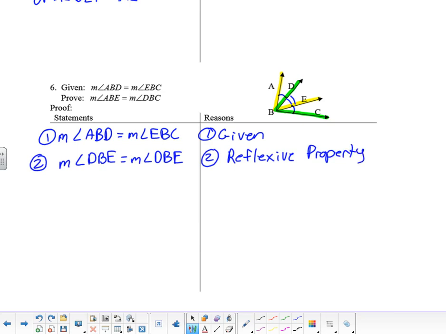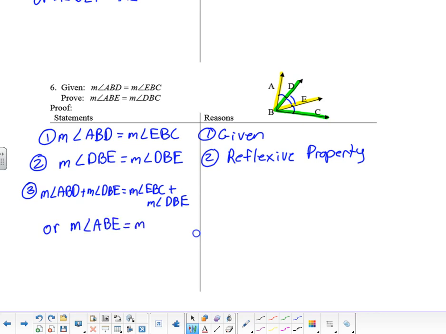And so we're going to go ahead and add those two things together. So the measure of angle ABD plus the measure of angle DBE equals the measure of angle EBC plus the measure of angle DBE, or the result of that is the thing we're trying to prove, which is the measure of angle ABE equal to the measure of angle DBC.